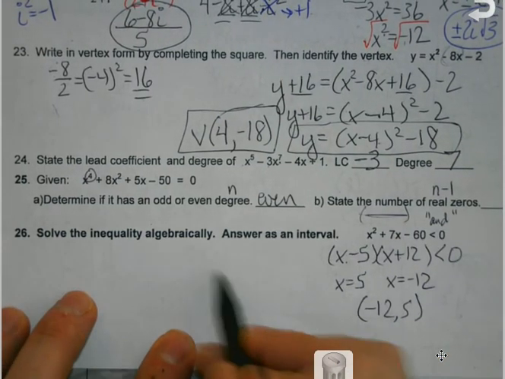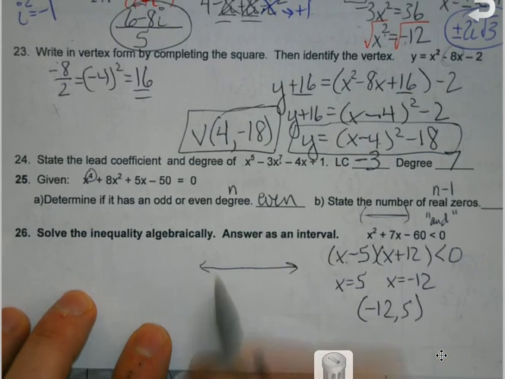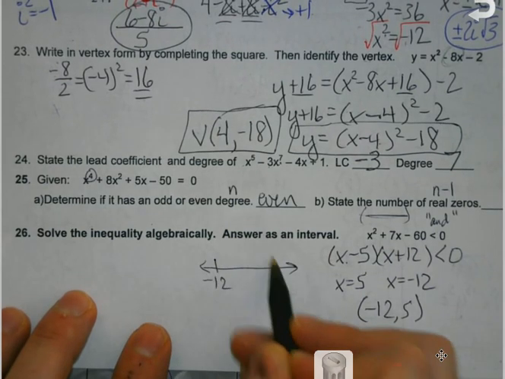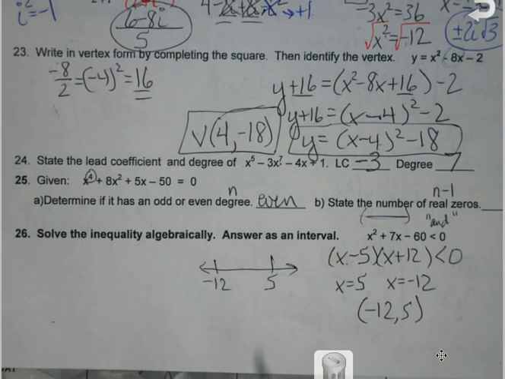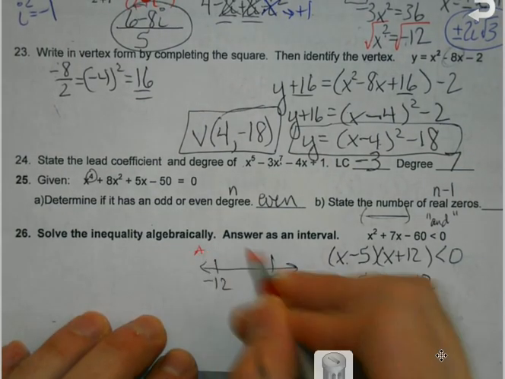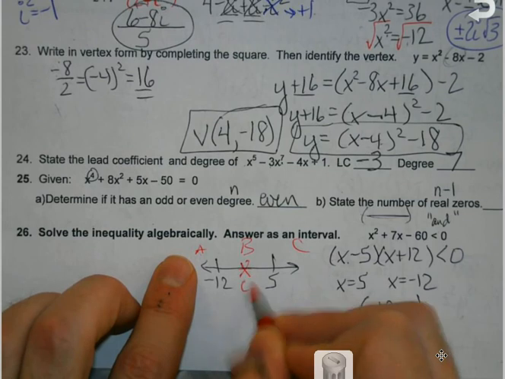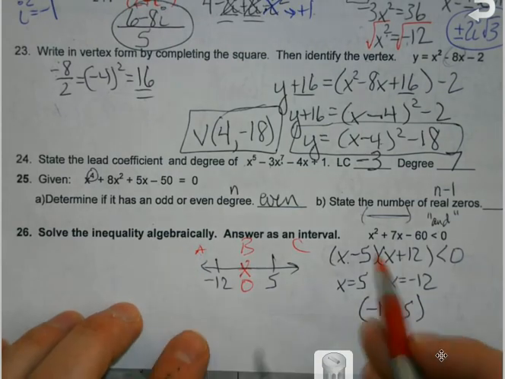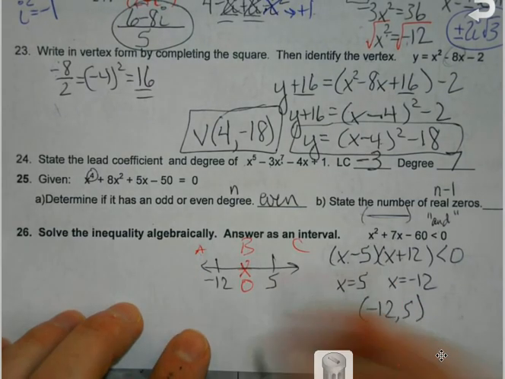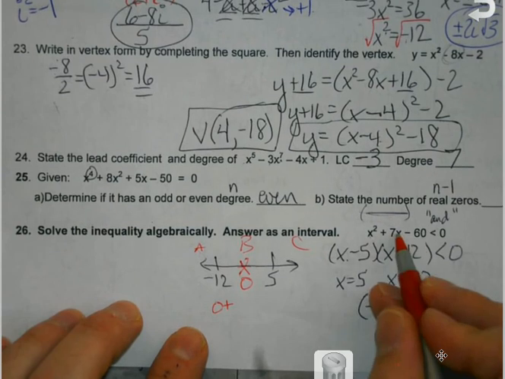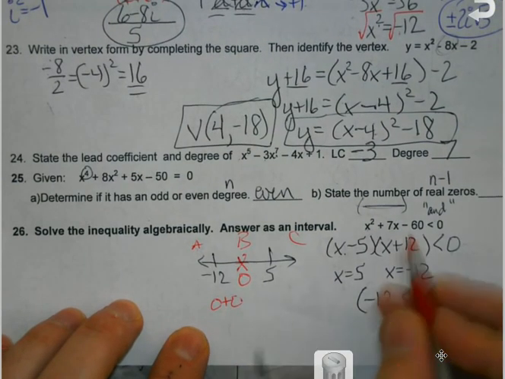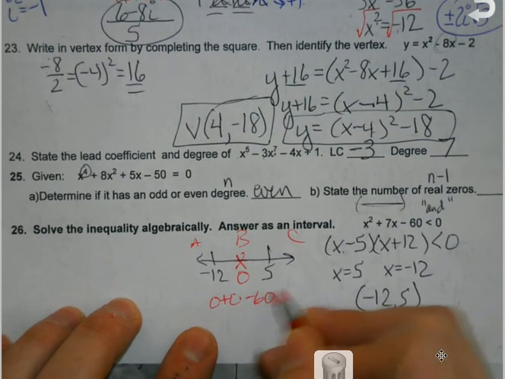But if you don't remember, we talked about the ability to draw a picture like this and then test a point out, because my answer is either going to be in here or it's going to be outside. If I try 0 out and plug it in, 0 plus 0, minus 60 is less than 0.